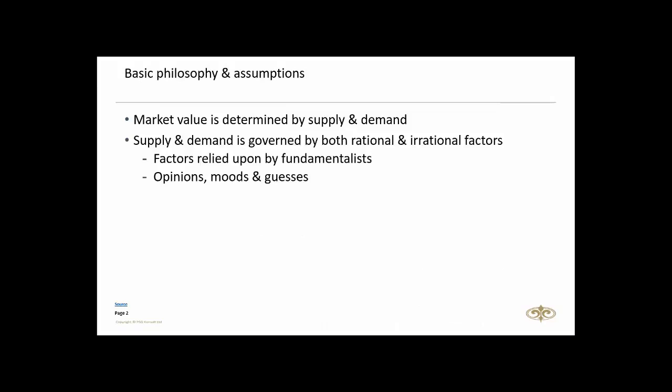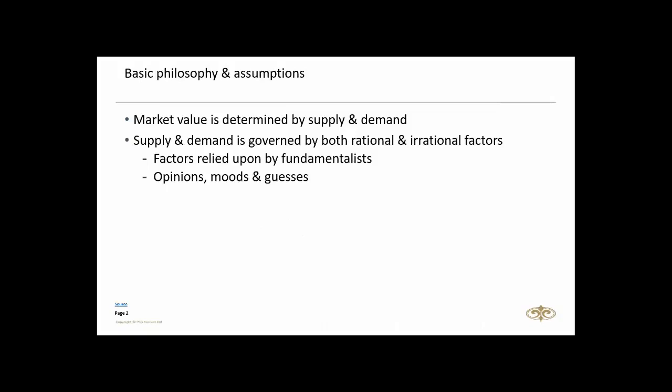So these factors include everything that's relied on by the fundamental analyst, obviously everything we know about a company, the fundamentals, the numbers, etc., as well as all the opinions, moods, and guesses of all market players. And the market's function is to automatically weigh up all these factors on a continuous basis.